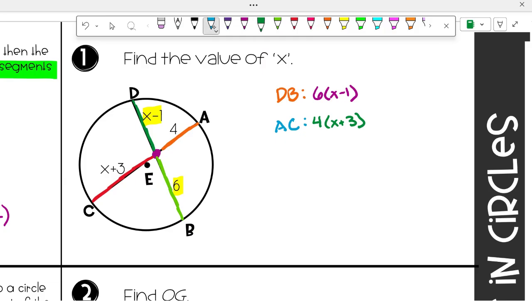And remember, these two products should be the same. So how do I set my equation to solve for x? Just set them equal to each other. So I have 6 times x minus 1 is equal to 4 times x plus 3.